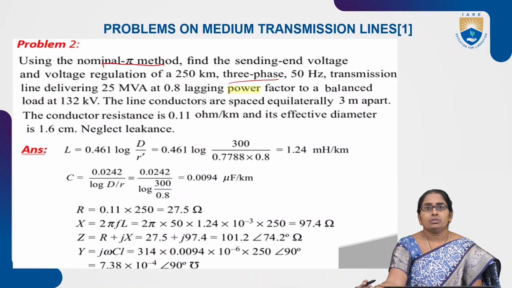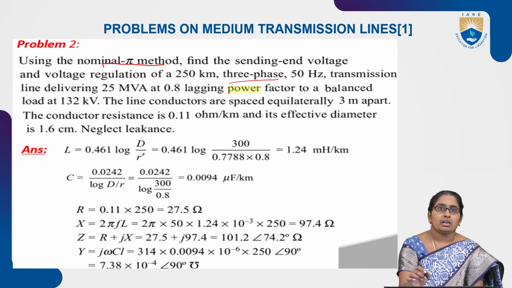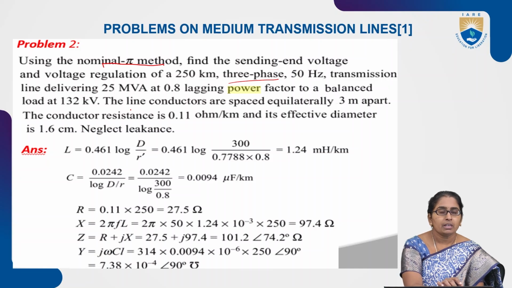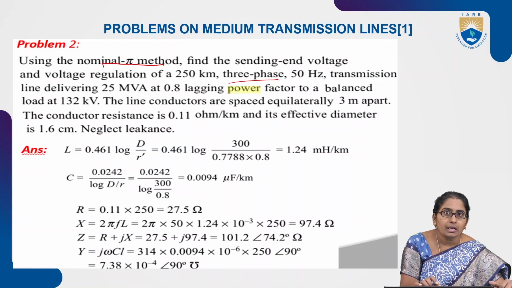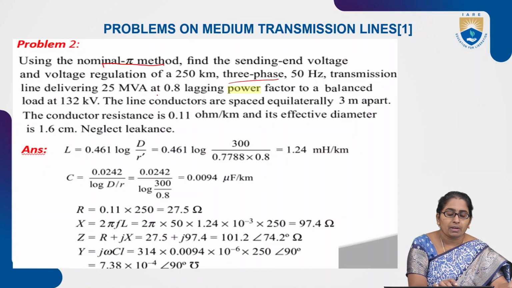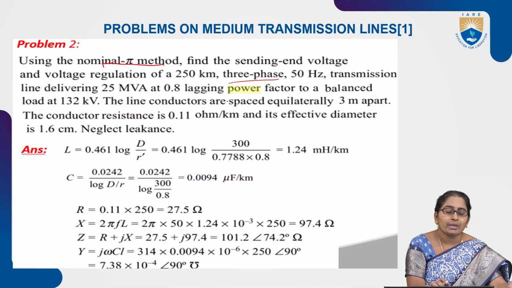So the method to solve this problem is the nominal-π method. They have given the receiving end parameters, that means the load side: the power is 25 MVA, the power factor is 0.8 lagging, and the balanced load operating voltage VR is 132 kV.